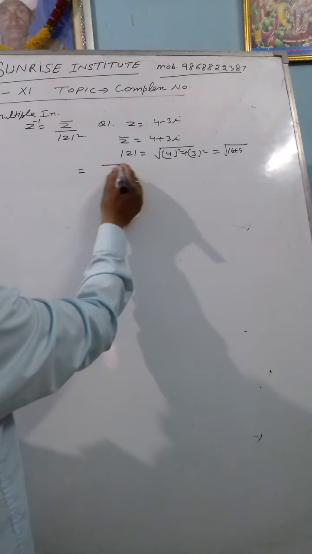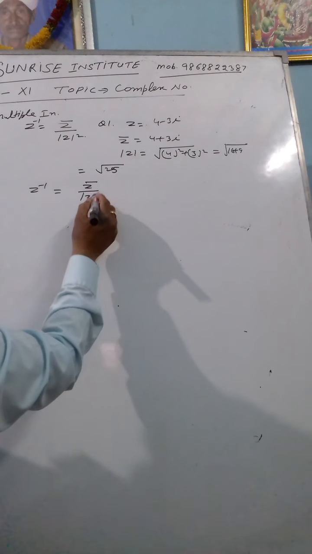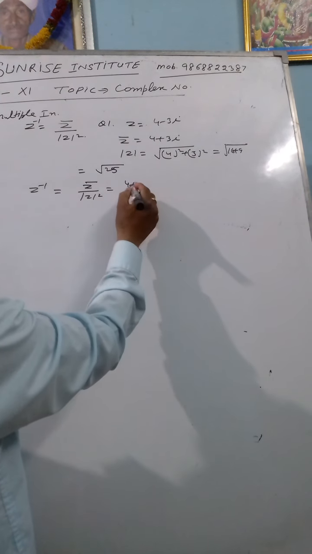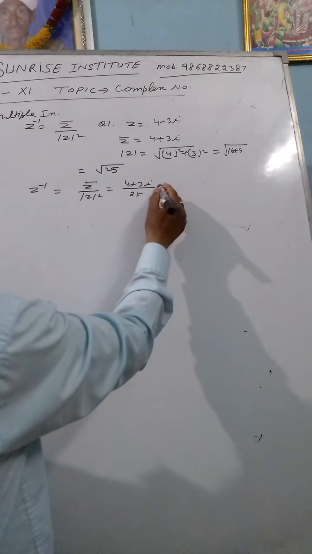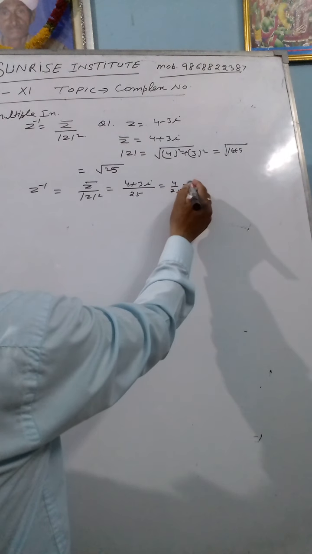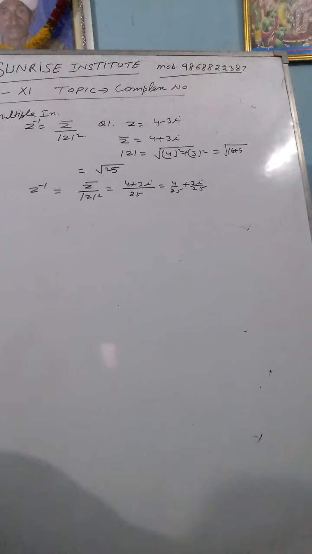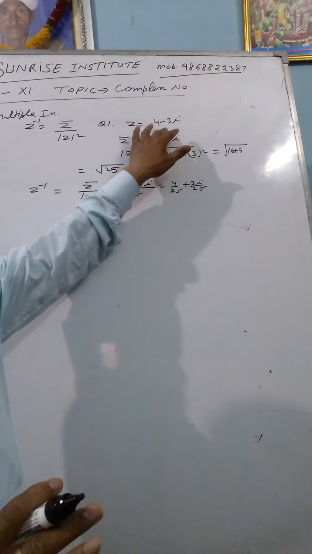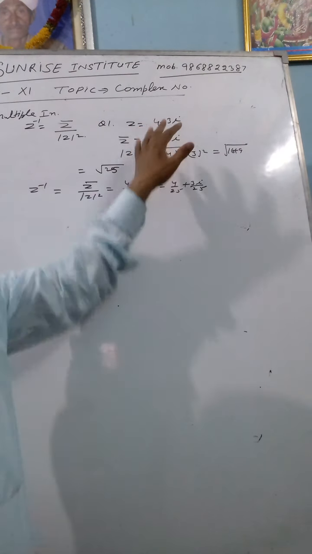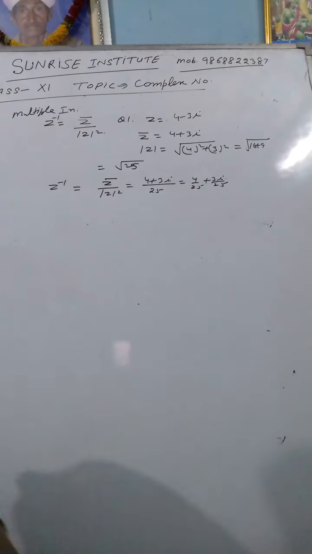Then the multiplicative inverse equals conjugate of z upon modulus of z whole square, that is (4 plus 3 iota) upon 25, which is 4 upon 25 plus 3 iota upon 25. That is the multiplicative inverse of z equals 4 minus 3 iota. Take some more examples. Example second.